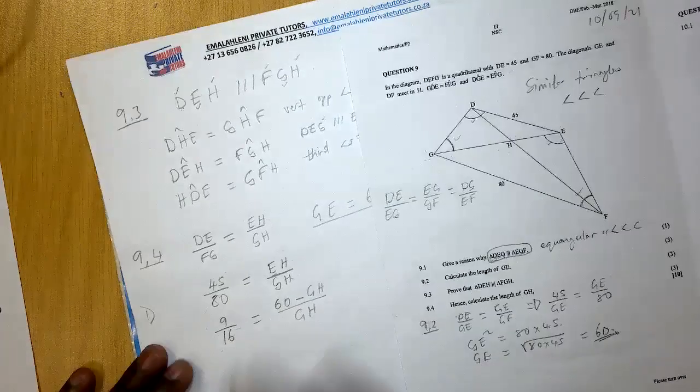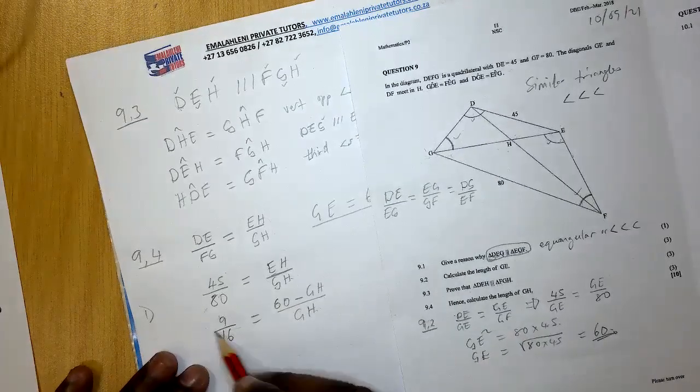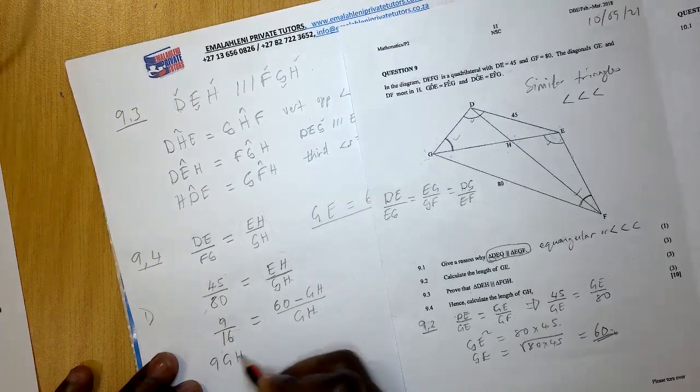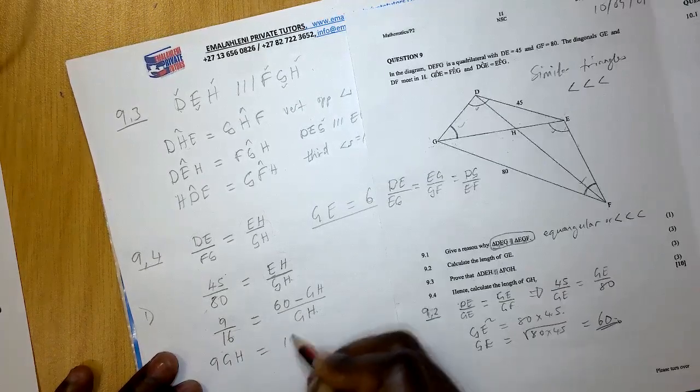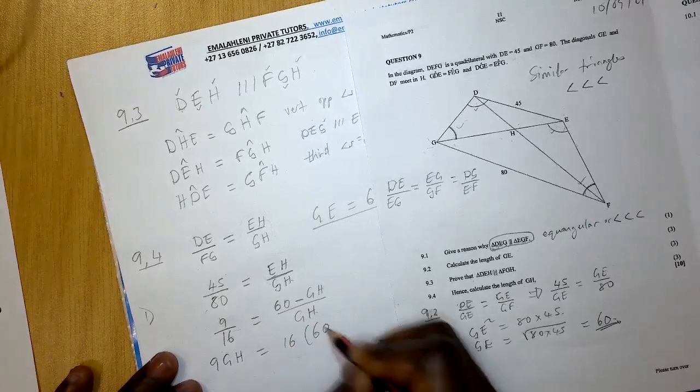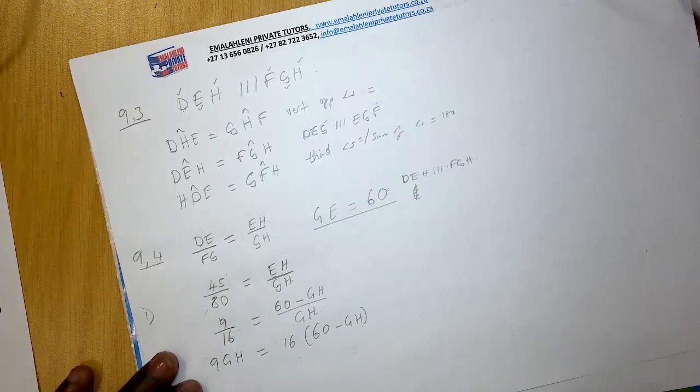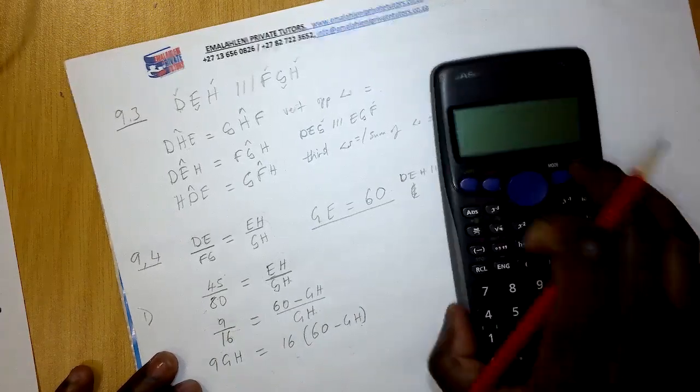Then what we do now, we cross multiply. It's going to be 9GH equals 16 in brackets 60 minus GH. If we solve here, we bring GH to this side.